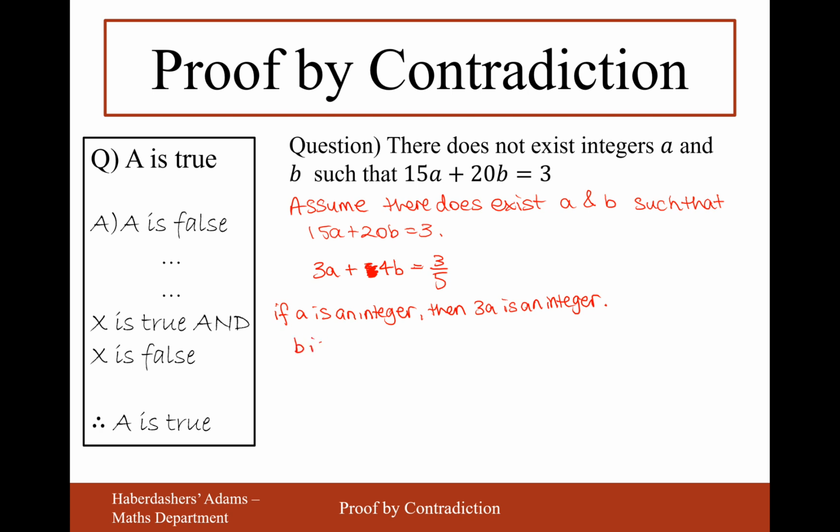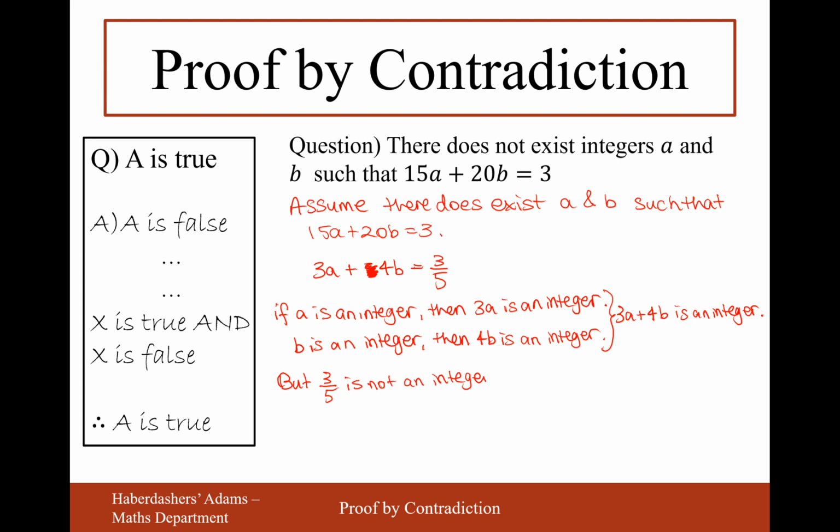If b is an integer, like we're assuming it is, then 4b is an integer. And it's clearly the case that when you add two integers together, you get an integer. But 3/5 is not an integer. It's not a whole number.